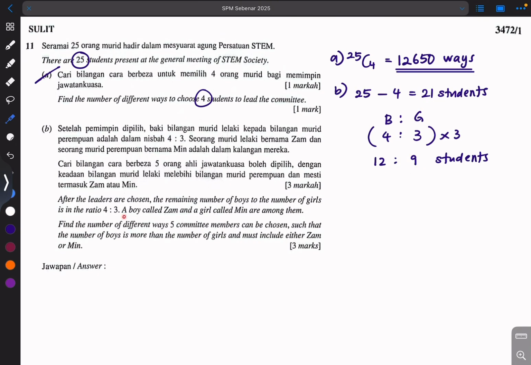Then a boy called Zam and a girl called Min are among them. Find the number of different ways 5 committee members can be chosen such that the number of boys is more than the number of girls and must include either Zam or Min. Okay.